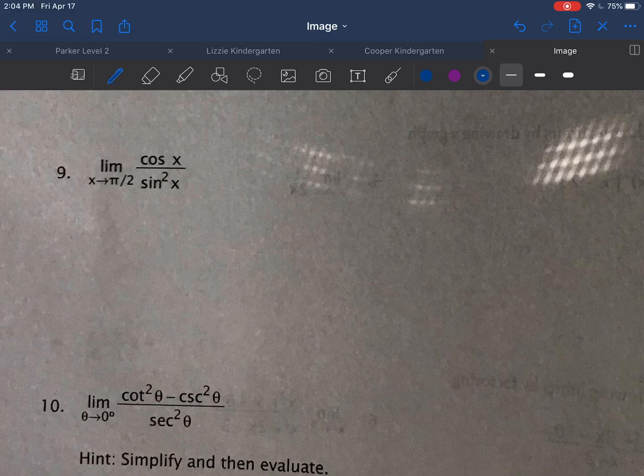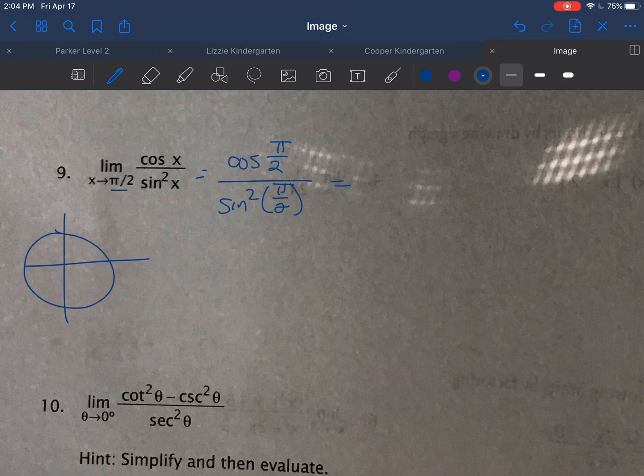So, number 9, we've got the limit as x approaches pi over 2 of cosine of x over sine squared x. We are just going to plug in like we've been doing. So we want to know the cosine of pi over 2 over sine squared of pi over 2. If you think about your unit circle, pi over 2 is right up here. So this is the point 0, 1.